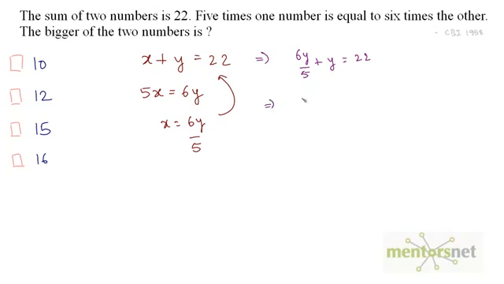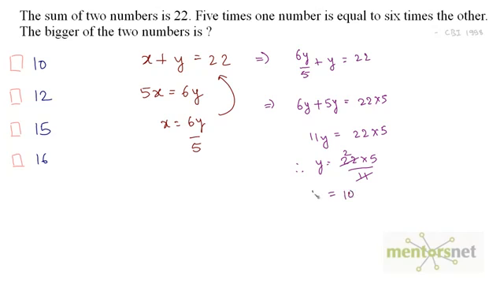So this is 6y plus 5y equals 22 times 5. This 5 goes here. So 6y plus 5y is 11y is equal to 22 times 5. Therefore y is equal to 22 times 5 by 11, and 22 divided by 11 is 2.